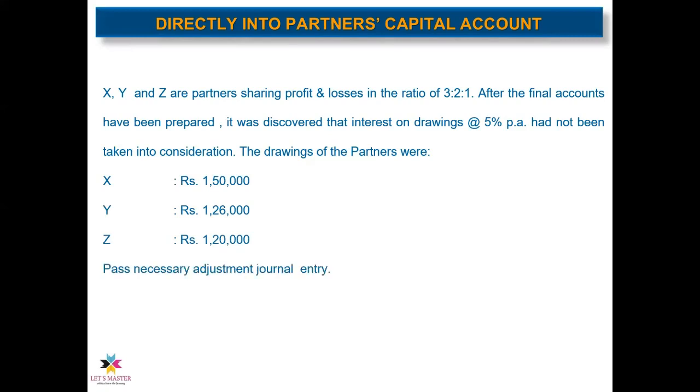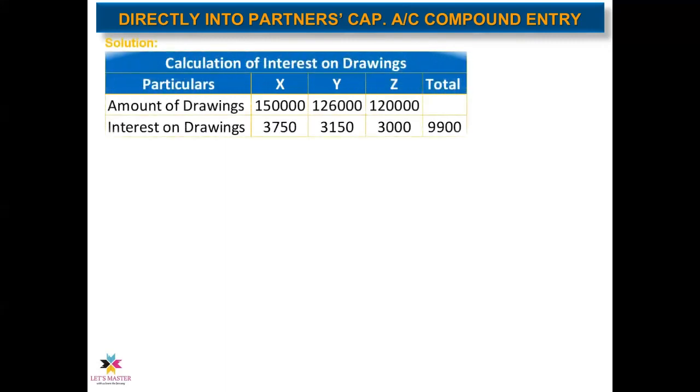So now we need to pass the necessary adjustment journal entry. In order to pass the necessary journal entry using the compound entry method, first we need to work out what was the amount that the firm was supposed to get from each partner as interest on drawings.